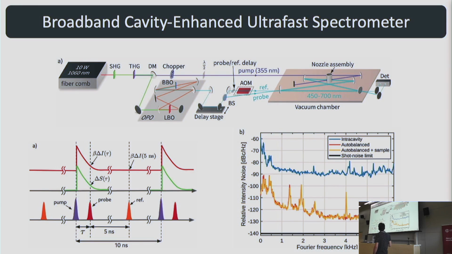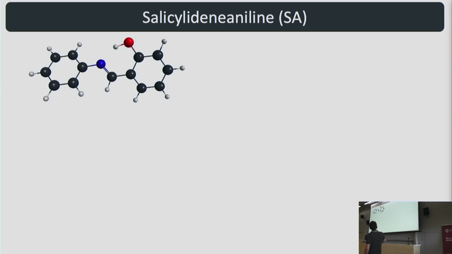And so what this allowed us to do already, back when I was a postdoc at Stony Brook University, is that we had this kind of setup and we used this to study salicylideneaniline.